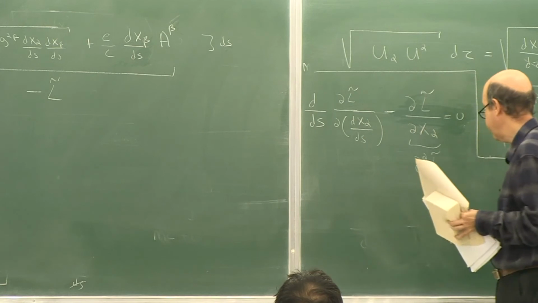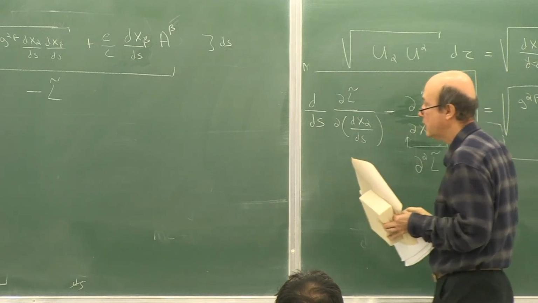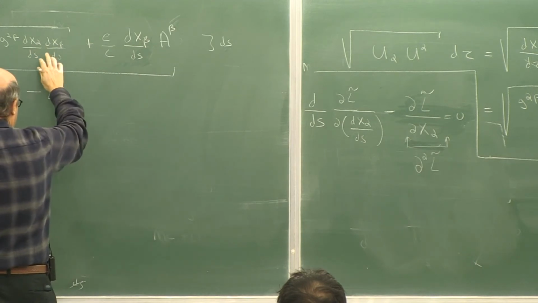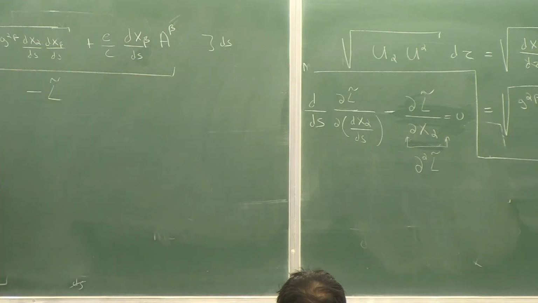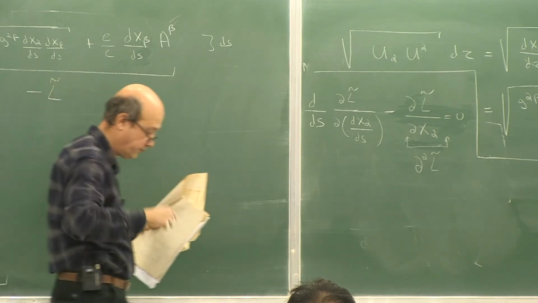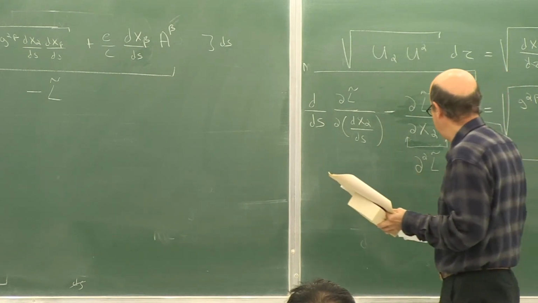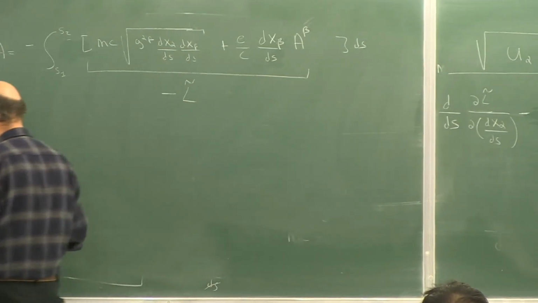They are the same representation. So the Lagrangian depends on the velocities, the change of the four space-time coordinates with respect to the proper length, and the four-potential depends on the space and time coordinates. So now this is the earlier Lagrange equation, and let us find the equation of motion.